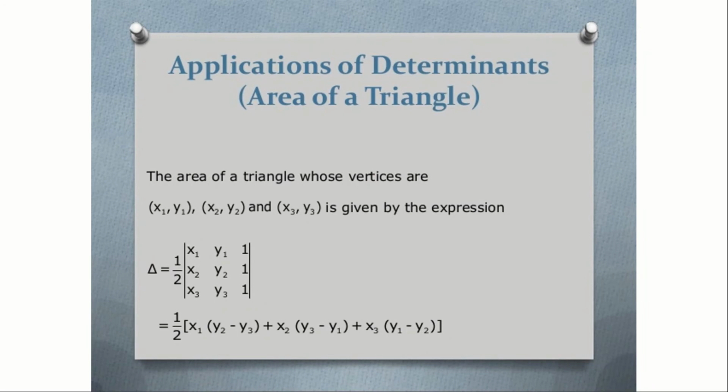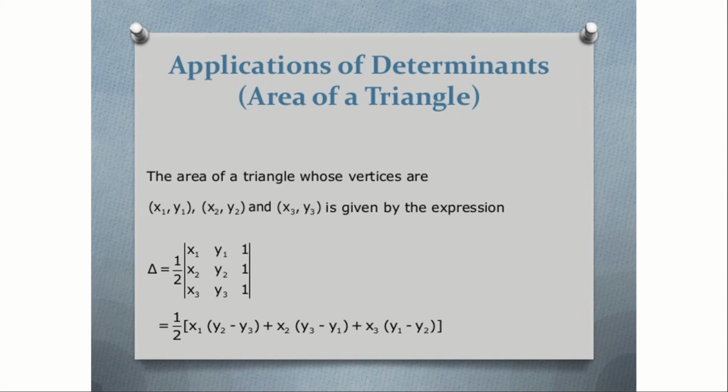Moving on to the applications of determinants, the first one is the area of a triangle. The area of a triangle whose vertices are x1, y1, the first vertex, x2, y2, the second vertex, and x3, y3 is given by the expression. So we write delta, the triangle symbol, equal to half into the determinant with rows x1, y1, 1; x2, y2, 1; and x3, y3, 1.